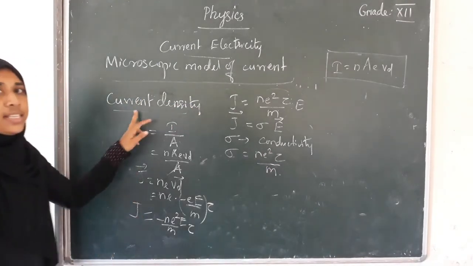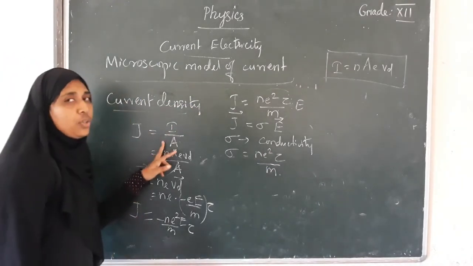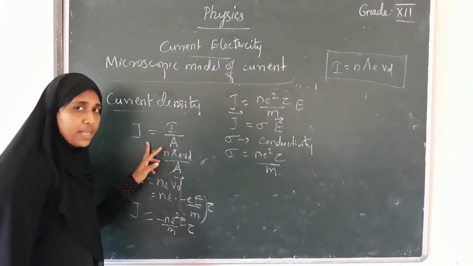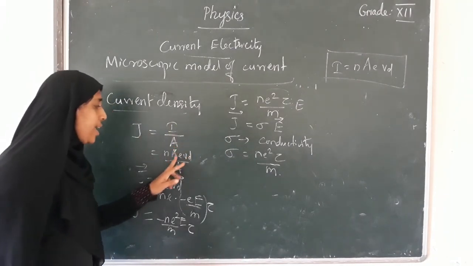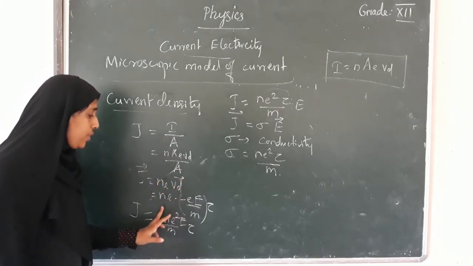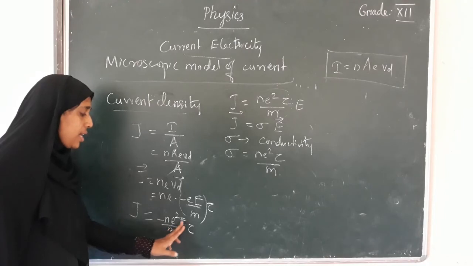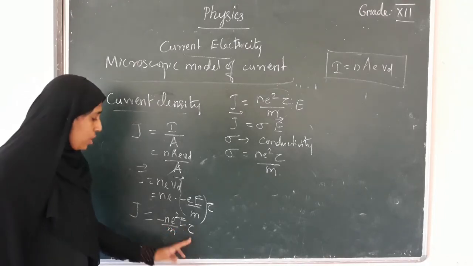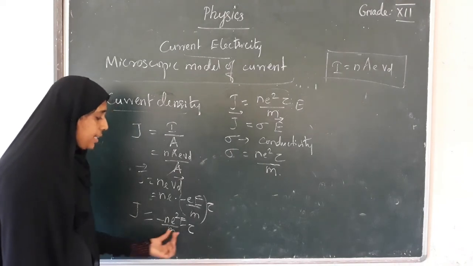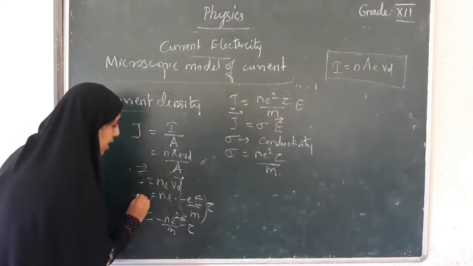What is current density? Current per unit area. Current density is defined as the current per unit area, denoted by J. J is equal to I by A. Substituting the values, we will get n e Vd. Substituting the value of Vd, we will get minus n e square E by m into tau. This negative sign you can negate because the current density and electric field are in the same direction.